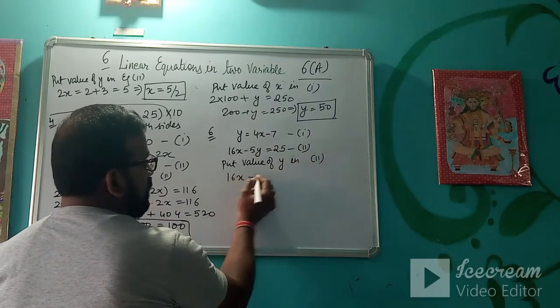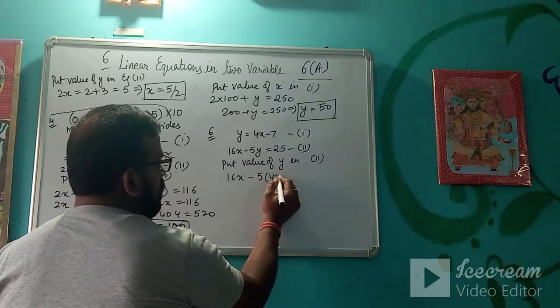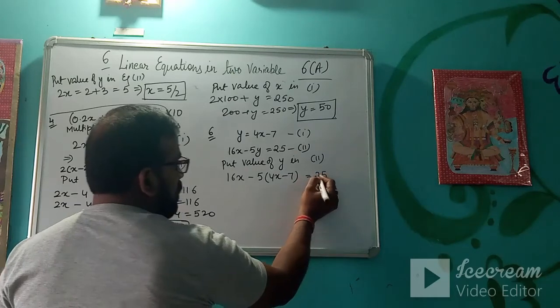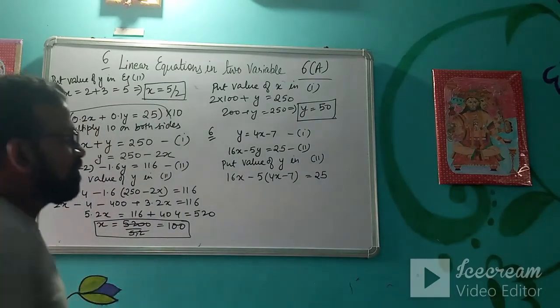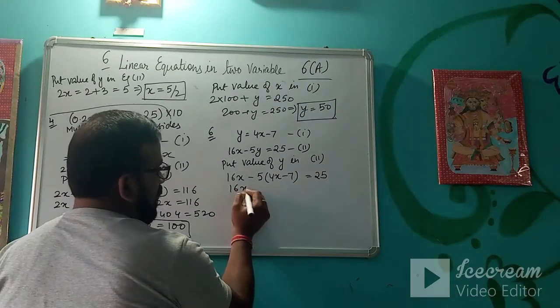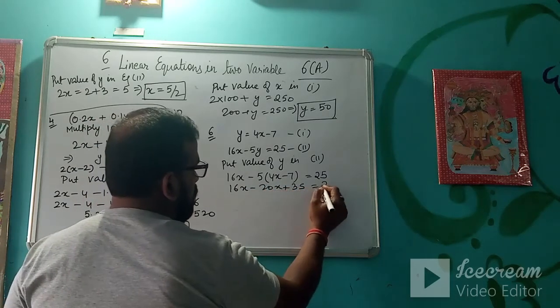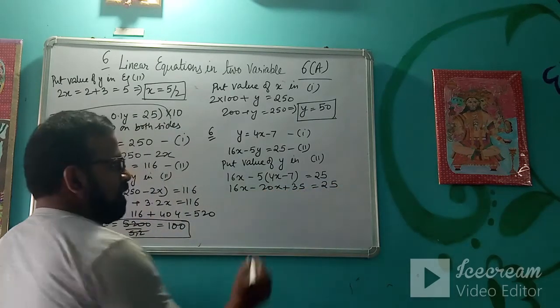So 16x minus 5 into (4x minus 7) equal to 25 it will give. So 16x minus 20x plus 35 is equal to 25.